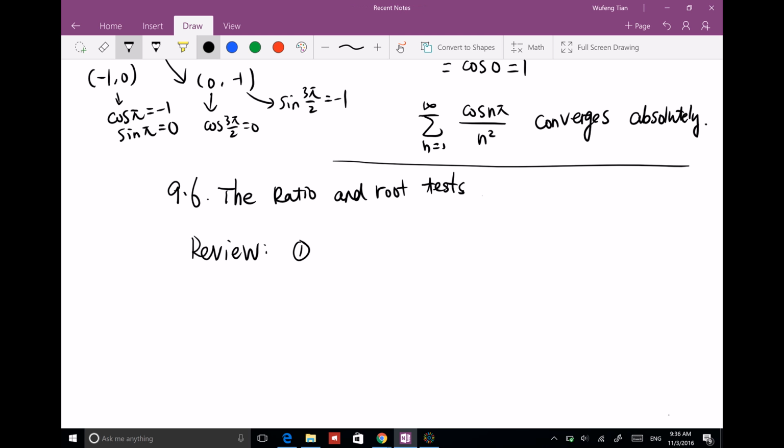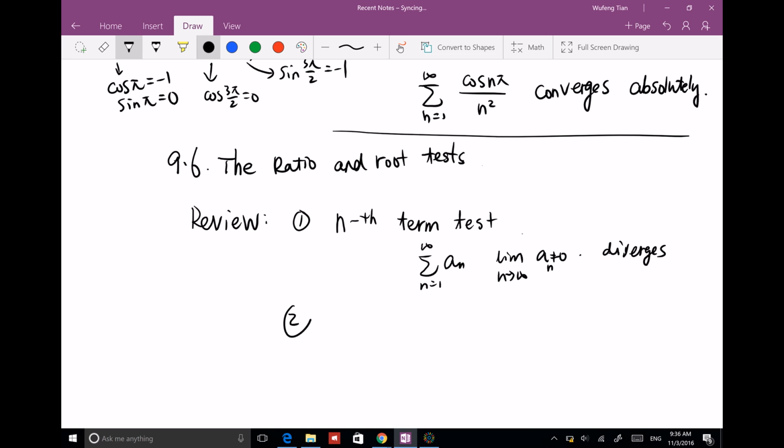We learned about the nth term test. Yeah, very good. The nth term test, that's the very beginning. If the limit of a_n as n goes to infinity does not equal 0, then the series diverges.